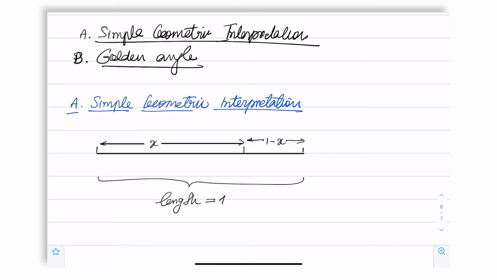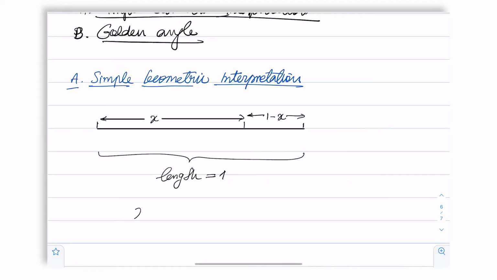Then take one leg of the unit length and divide it. Take that part, that is x, upon x minus 1. We assume x is longer than x minus 1.